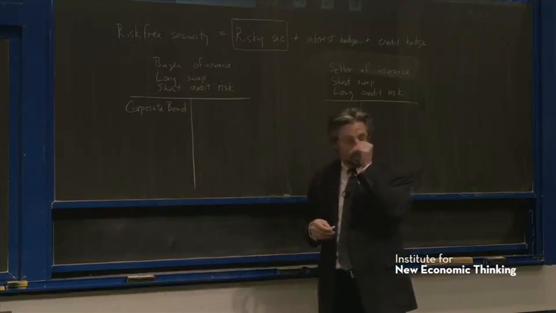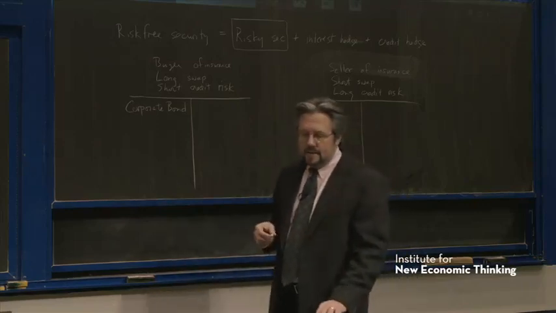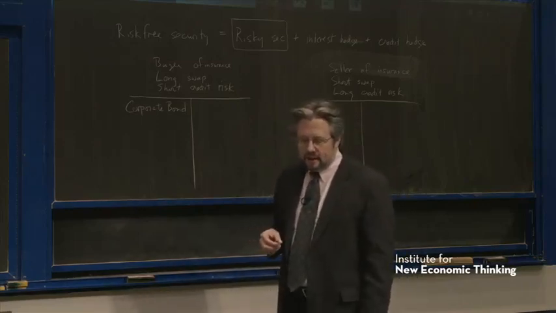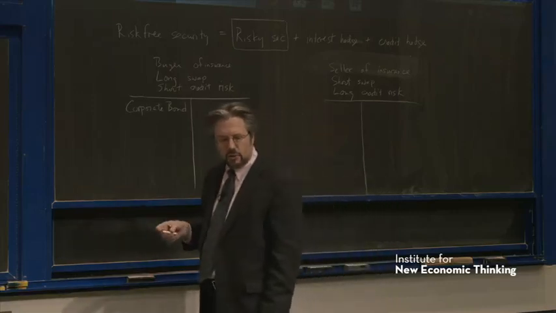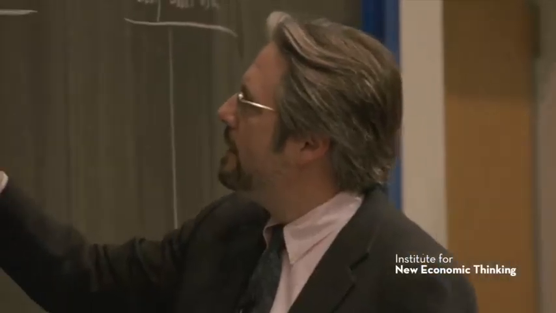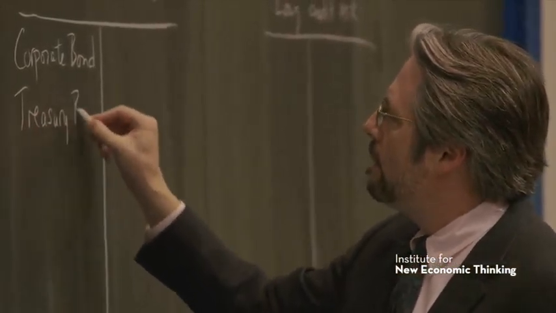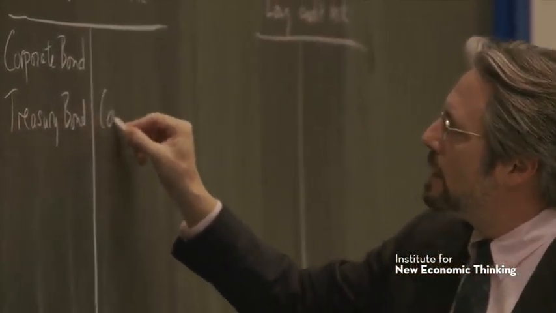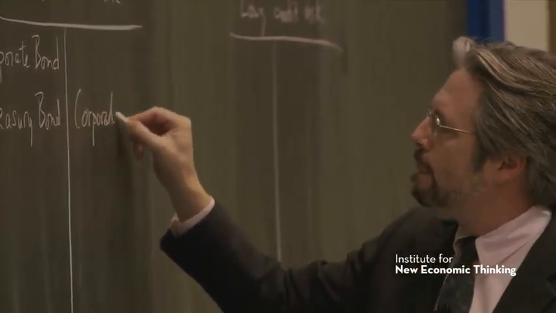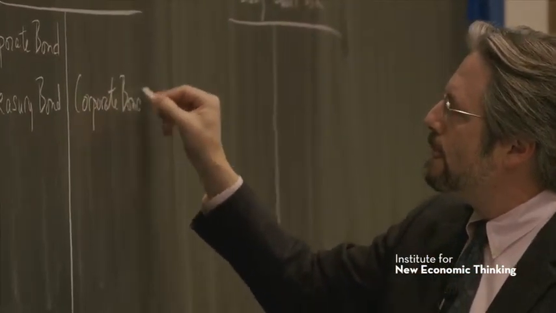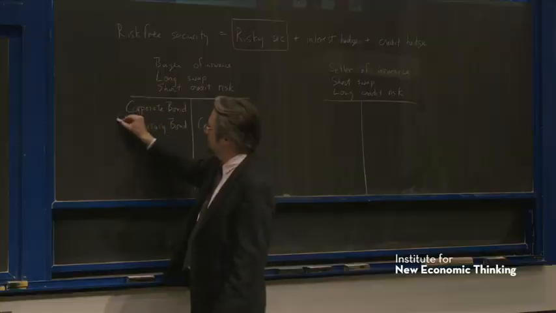That's their exposure. Okay. They then can issue a treasury bond. They can buy a treasury bond and go short a corporate bond. And I'm going to put that in brackets.